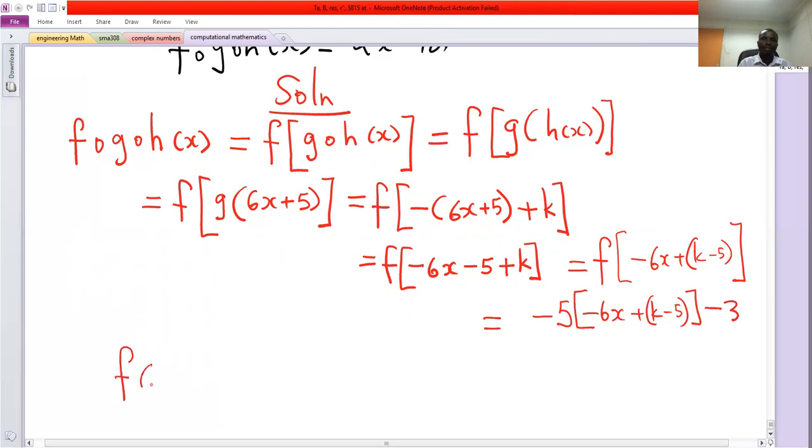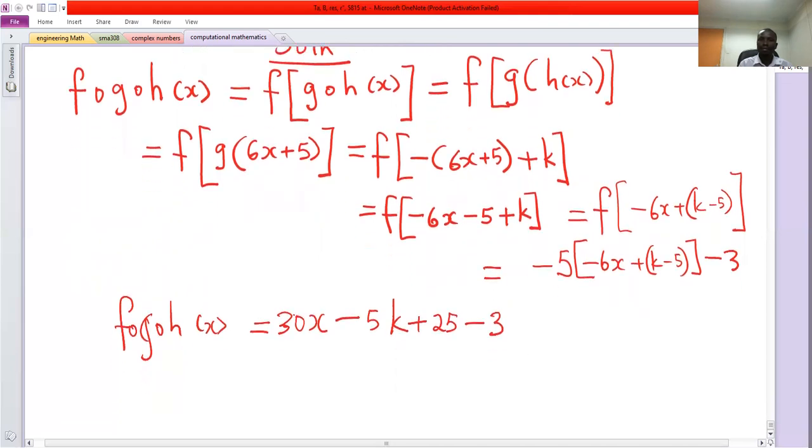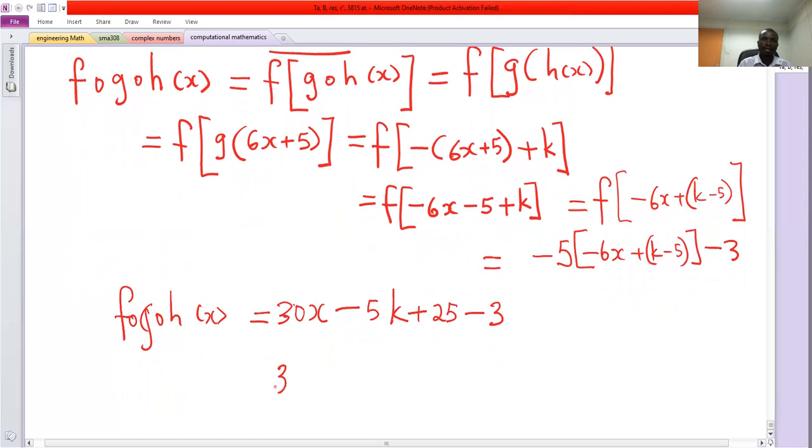So we have f composed with g composed with h of x will be, just open this, minus 5 by minus 6 is 30x, and then minus 5k, minus 5 times minus 5 gives us positive 25, and then minus 3, which is the same thing as saying 30x minus 5k, 25 minus 3 is 22.